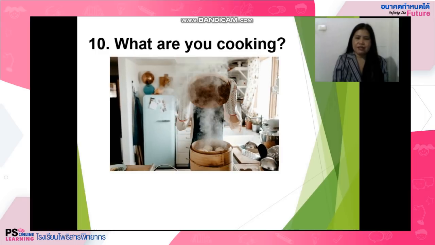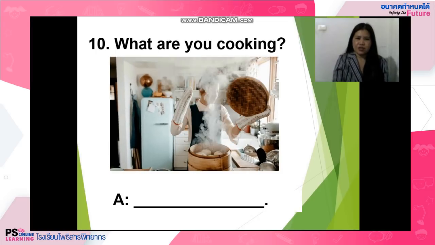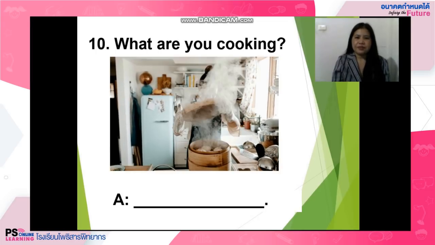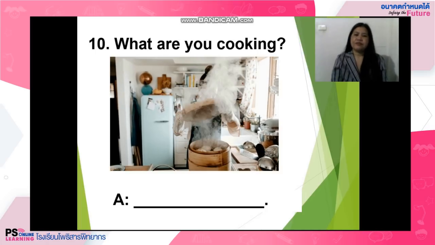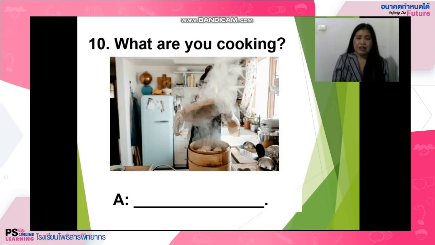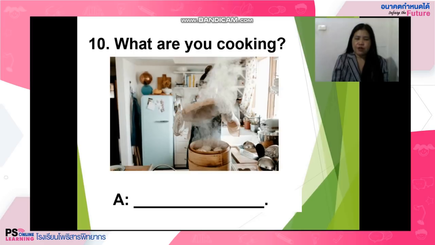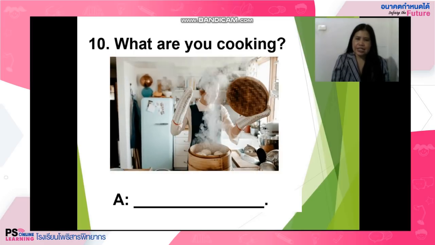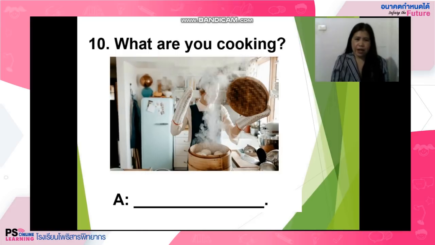B-U-N-S. Buns. Okay, buns. So you have to write your answer. Okay, so all you have to do is to take a photo of your answer and send it to Google Classroom so I can check. All right?